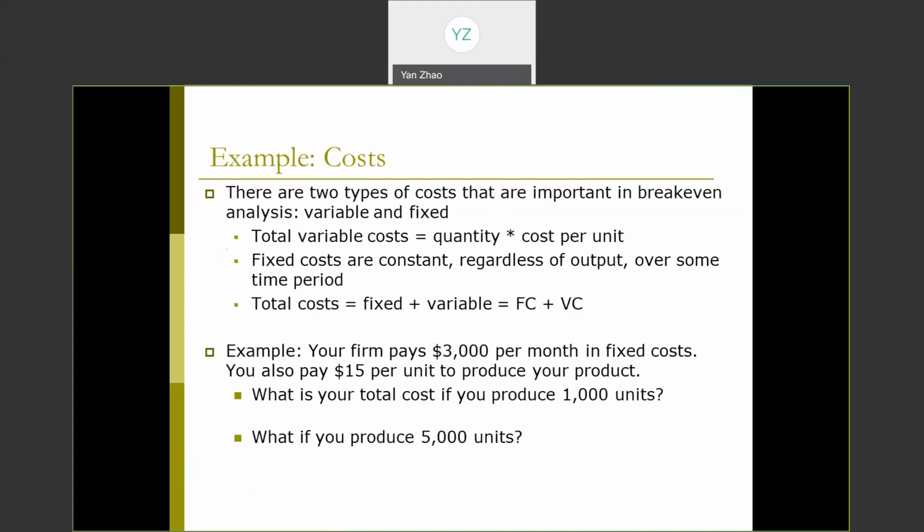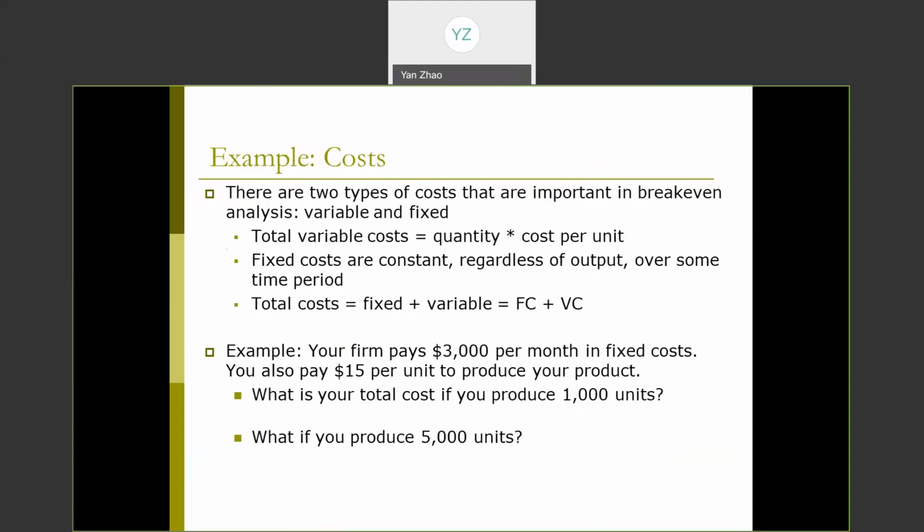So the total cost will be the fixed plus variable cost. Okay, for example, if your firm pays $3,000 per month in fixed costs, you also pay $15 per unit to produce your product. What is your total cost if you produce 1,000 units? And what if you produce 5,000 units?